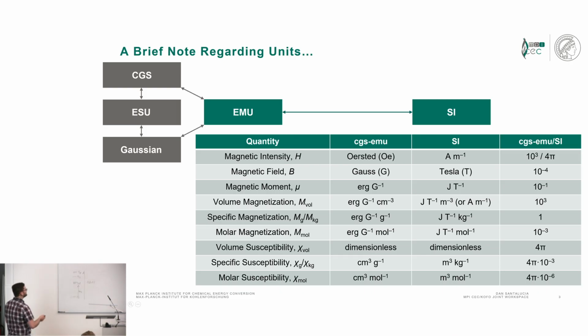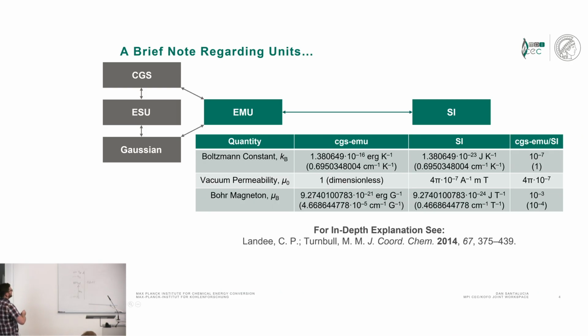Okay, so the same is also true when we think about fundamental quantities. So really today what will show up are the Boltzmann constant and the Bohr magneton. I use the mu-B nomenclature. Frank likes the beta, but they're the same thing. And again, we're using these weird CGS units, so you'll see energy units like ergs show up as opposed to joules, but really it's just a unit system.